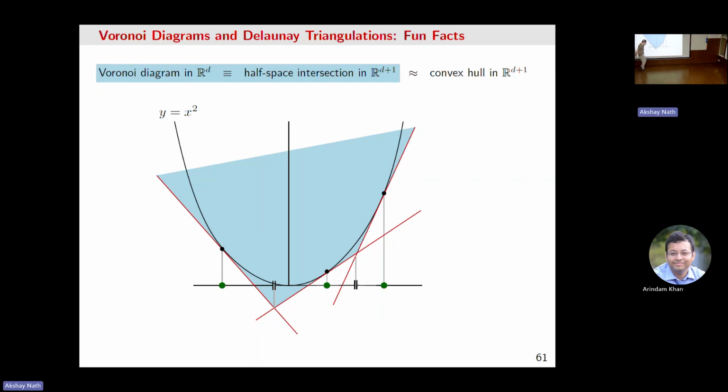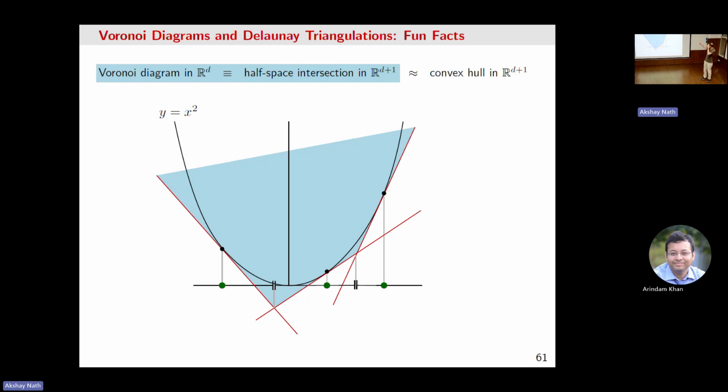So in other words, if I look at this point, it has a line here. That line contributes an edge to this region here. If I project the edge, it's exactly the Voronoi cell. And that always holds if you go from d dimensions to d plus 1 dimensions.